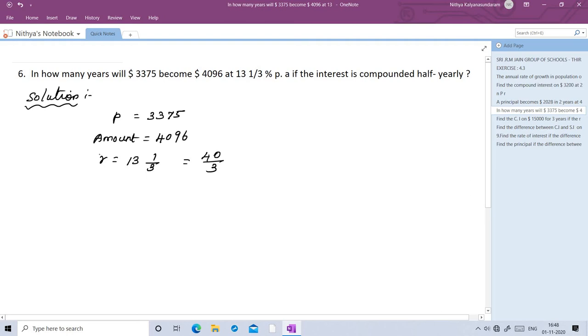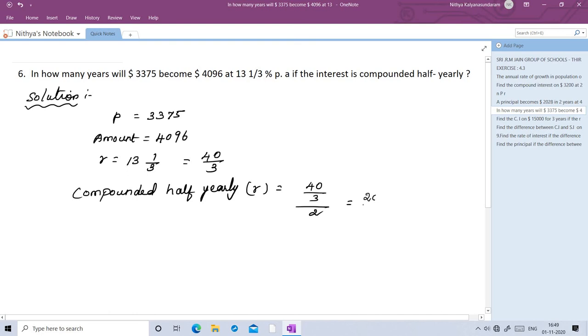Then n: it's compounded half yearly, so the rate is per annum. Half means it's divided by 2. Compounded half yearly, rate is equal to 40 divided by 3 divided by 2.